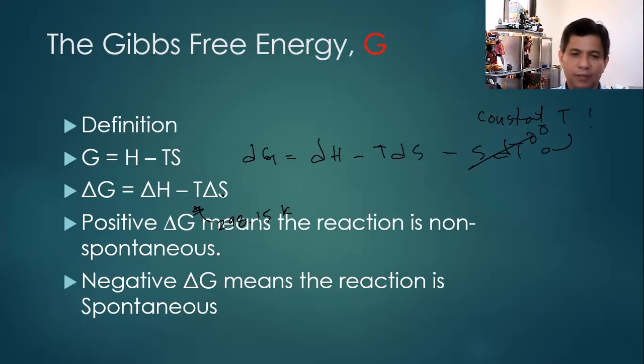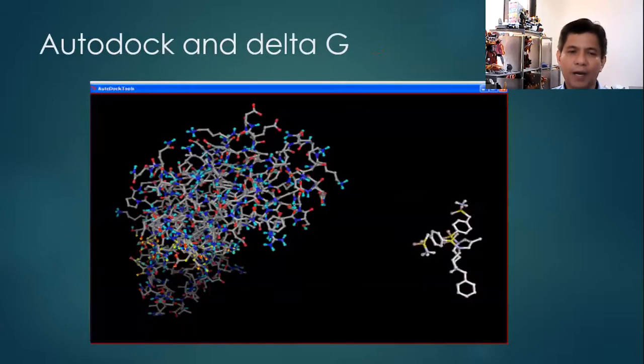Okay, so let's try to solve a problem. Ito yung application niya sa medicine. Ang tawag dito sa software na to ay Autodoc. So basically, the idea is i-download mo yung structure ng virus. Tapos halimbawa meron kang structure ng gamot na gustong testingin sa virus.